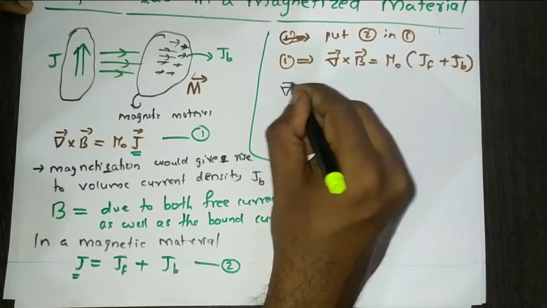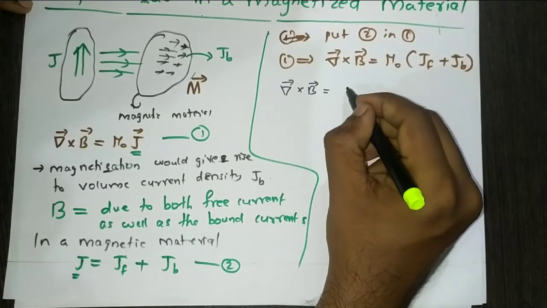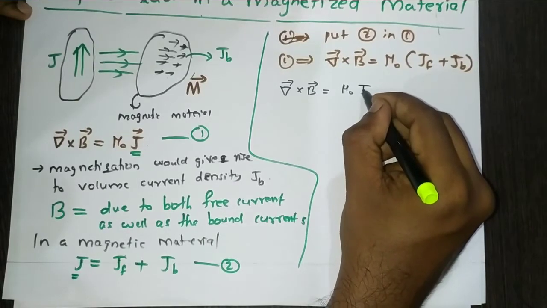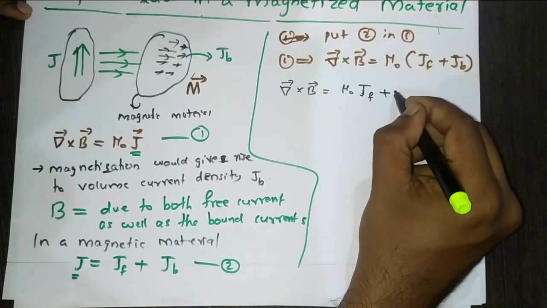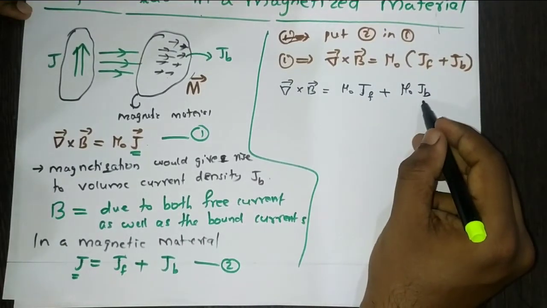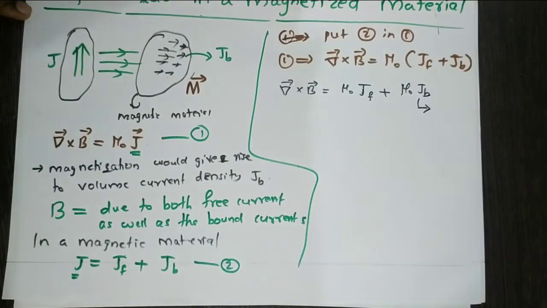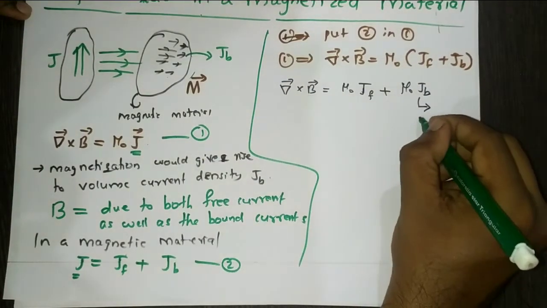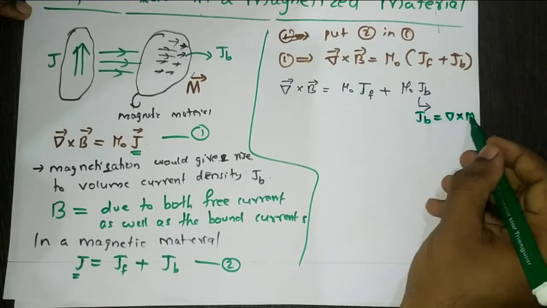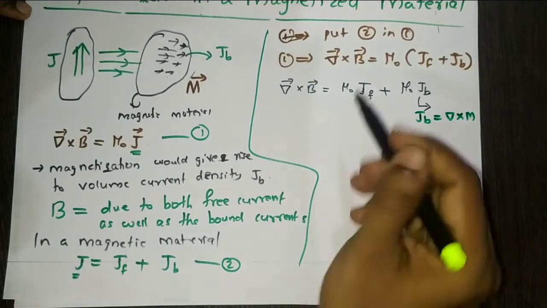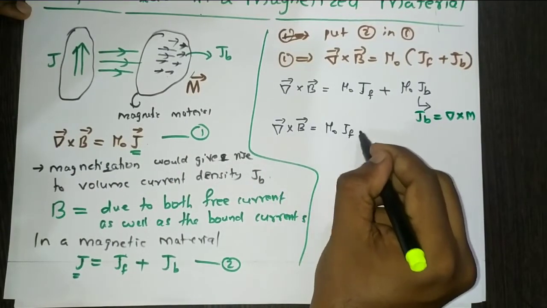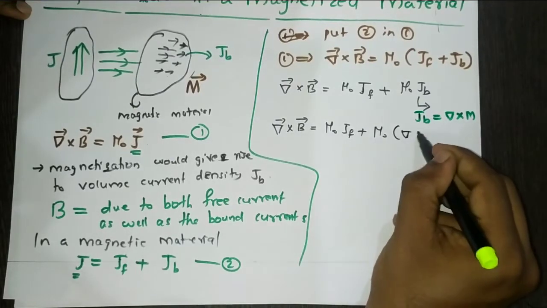That is del cross B is equal to mu 0 JF plus mu 0 JB. For this volume bound current density, we have already derived an expression: JB is equal to del cross M, the volume current density because of the magnetization. Therefore, this expression can be rewritten as mu 0 JF plus mu 0 into del cross M.